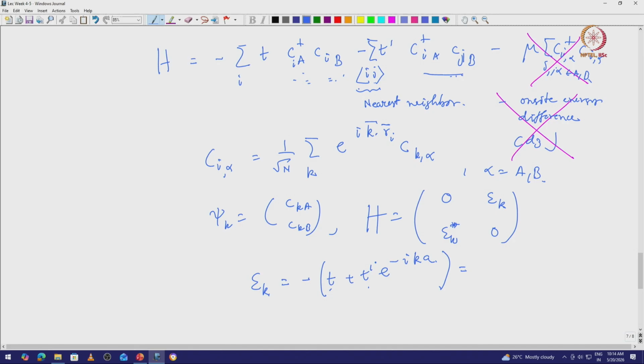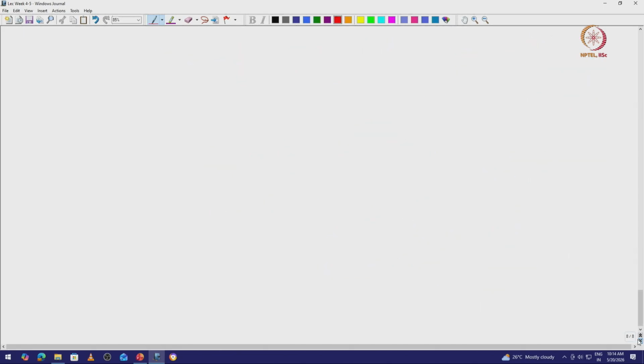Often we write it as real and imaginary parts. So, T plus T prime cosine k, we set a to be 1, plus I T prime sine k, which means we identify d1 equal to T plus T prime cosine k.